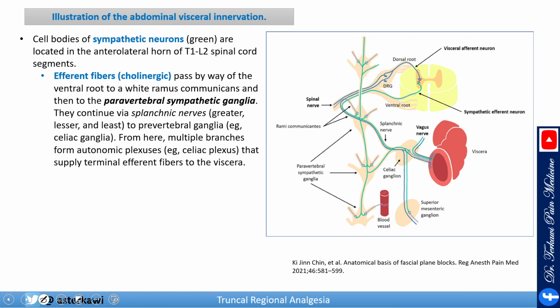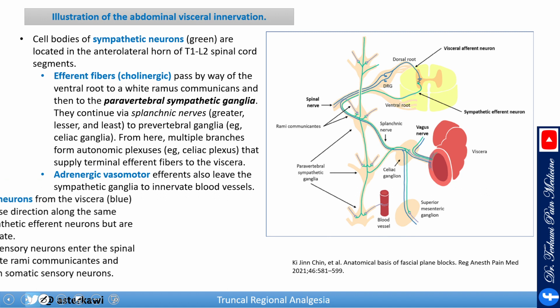They continue via a splanchnic nerve to prevertebral ganglia, for example the celiac ganglia, and from here you get multiple branches for the autonomic plexus.